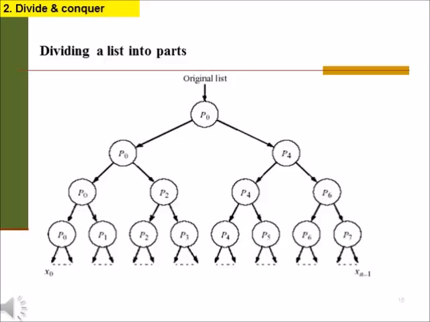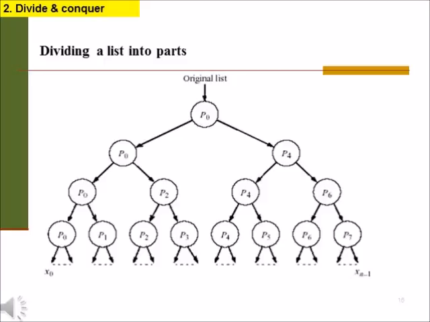First, P0 communicates with P4, passing half of the list to P4. Then, P0 and P4 pass half of the list they hold to P2 and P6, respectively.